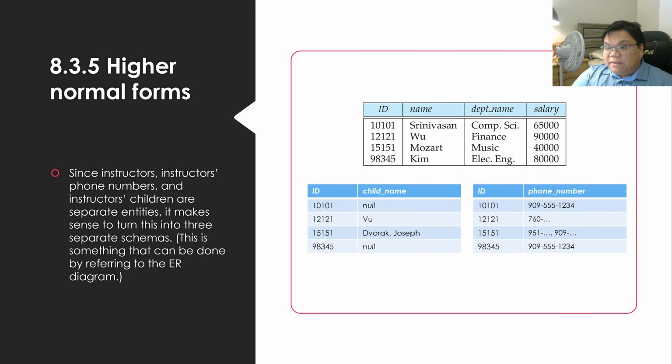Since instructors' phone numbers and instructors' children are separate entities, it makes sense for us to split this schema into three. So now we have our original table of instructors, their departments, and their salaries, a new table of instructors' children, and a new table of instructors' phone numbers.